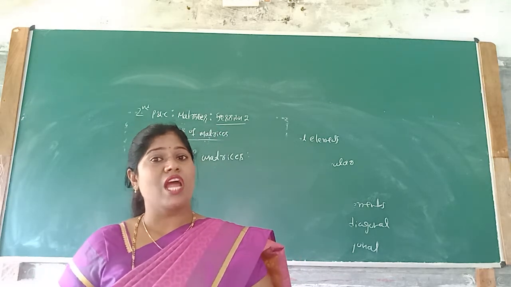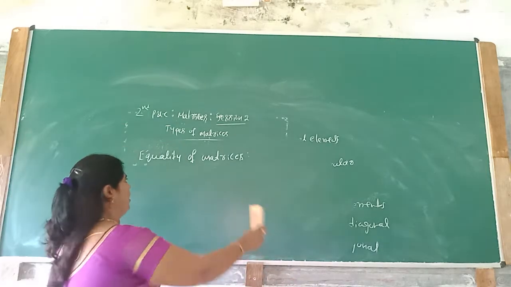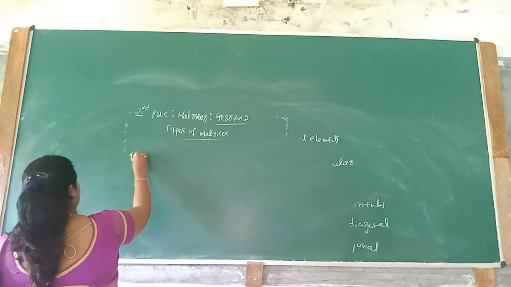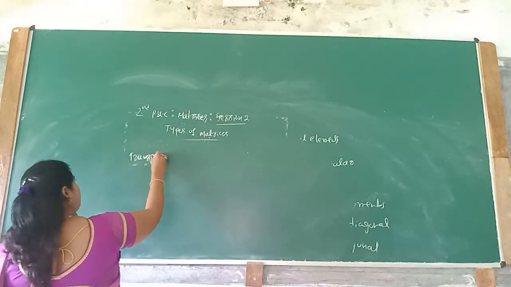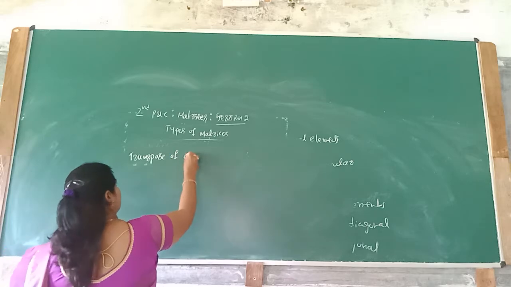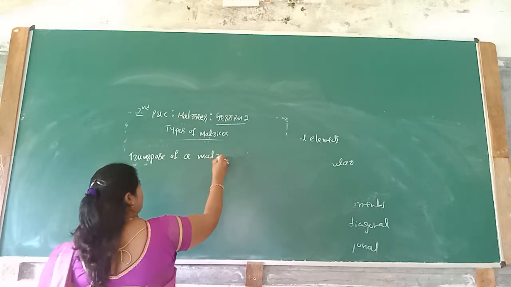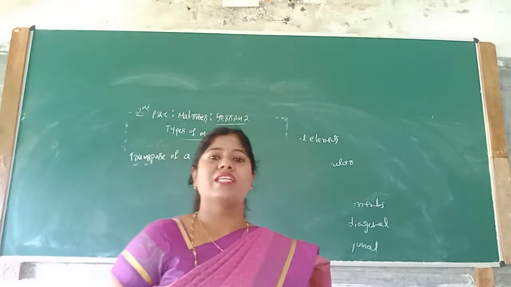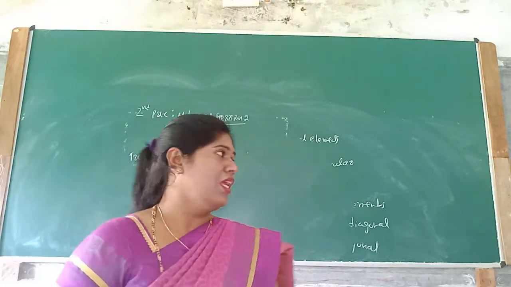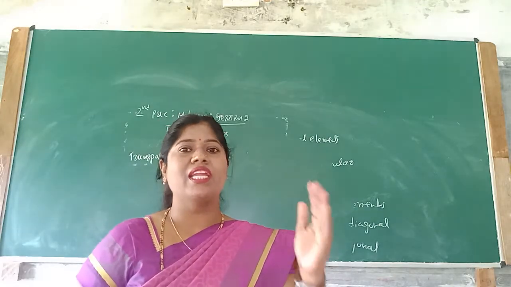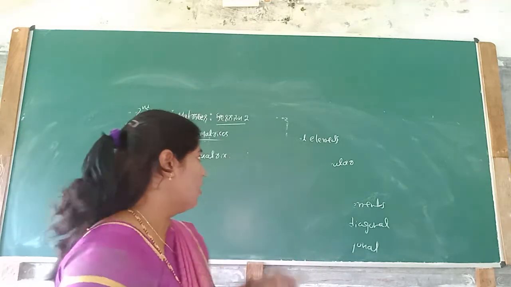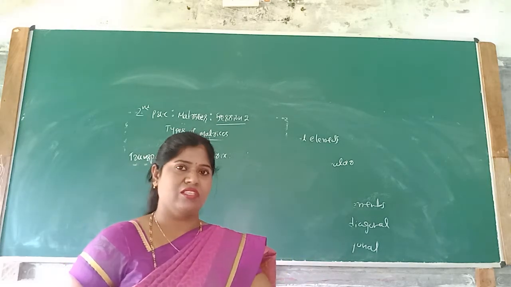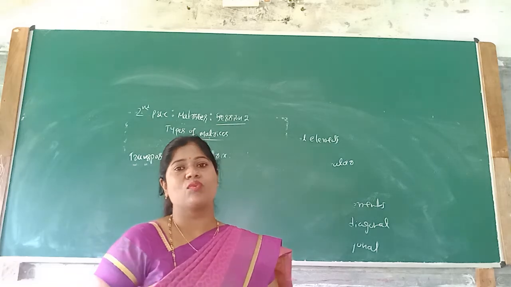Next one is transpose of a matrix. If A is a matrix of order m cross n, then the matrix obtained by interchanging the rows and columns is called the transpose of a matrix.